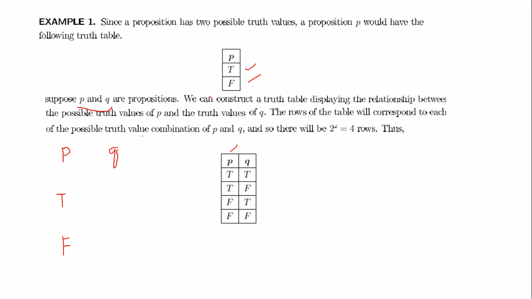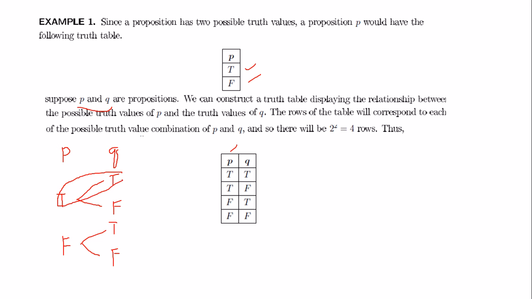For Q, we also have true or false, but since this is pairing, we have true, false, true, false.